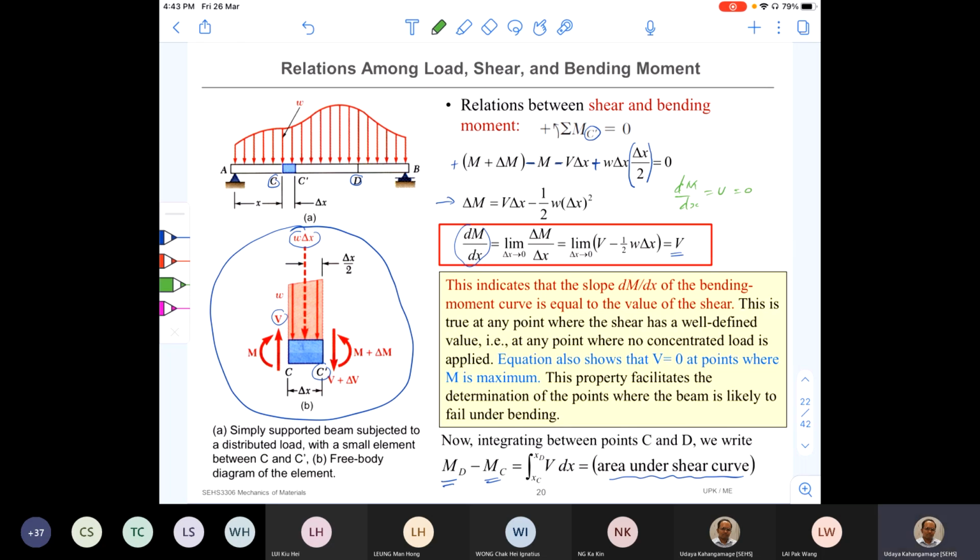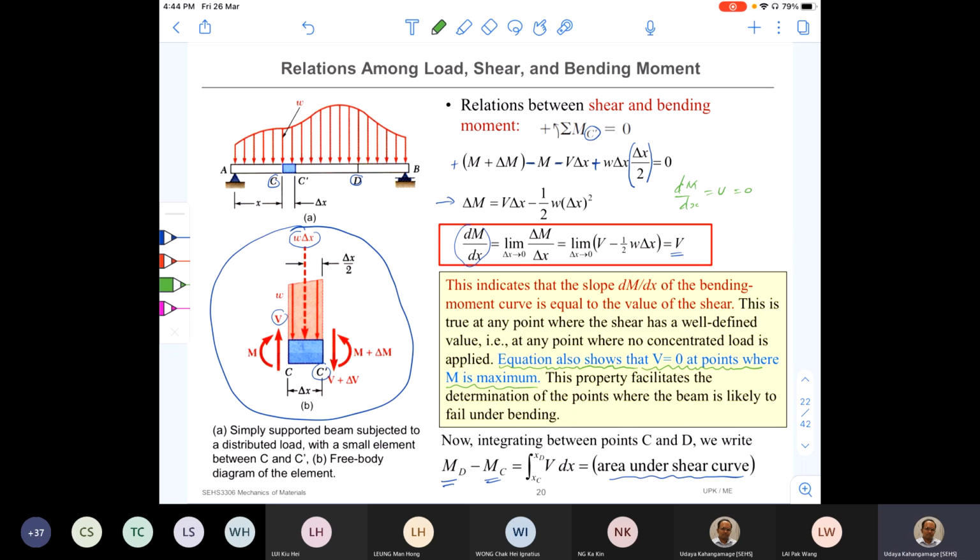So when shear force is equal to 0, those points are very important because they tell me where the maximum bending moment is. That's what is mentioned here. This equation also shows that V equals 0 at points where M is maximum. That is good information for us, right?